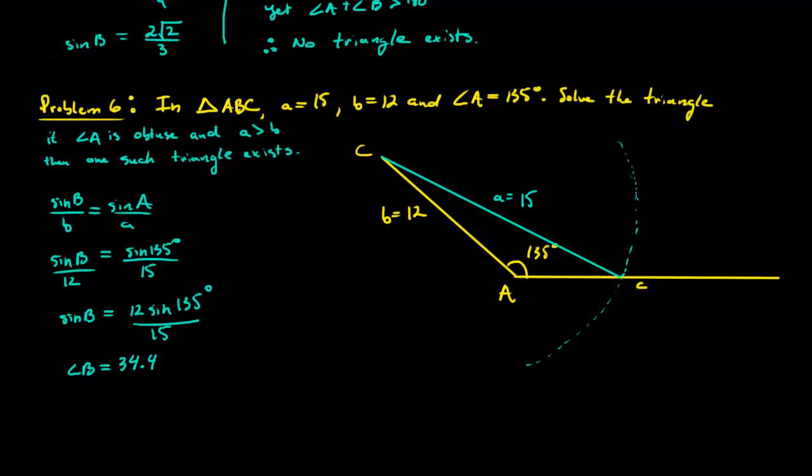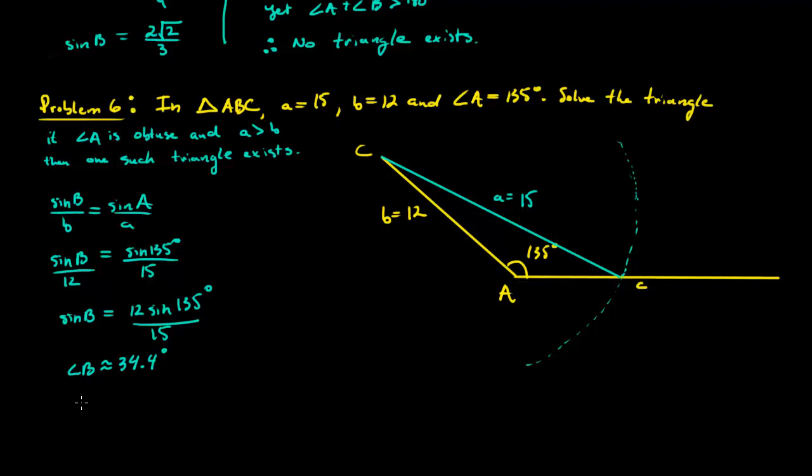And here again, I've approximated this value. I've rounded it, so actually my calculator uses an algorithm that rounds this value. So that's why it's okay for me to use the approximate symbol. Okay, so angle B is approximately 34.4 degrees.